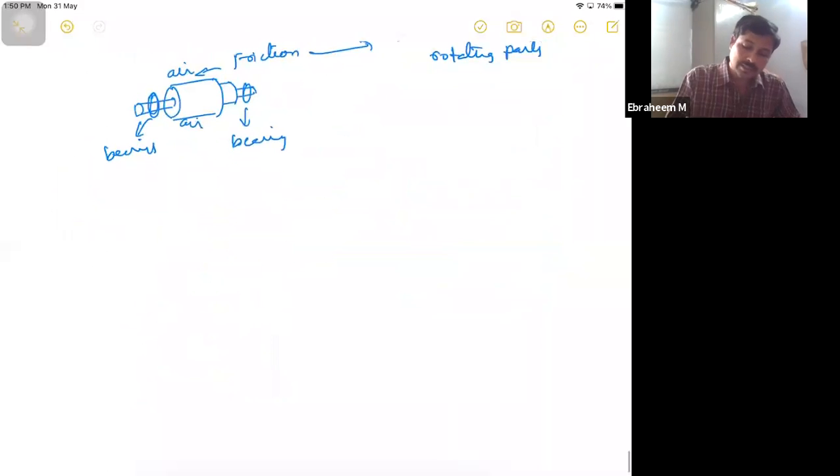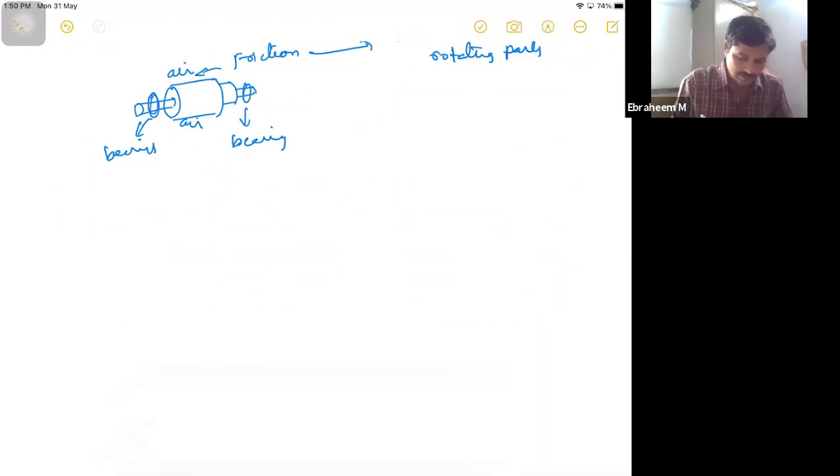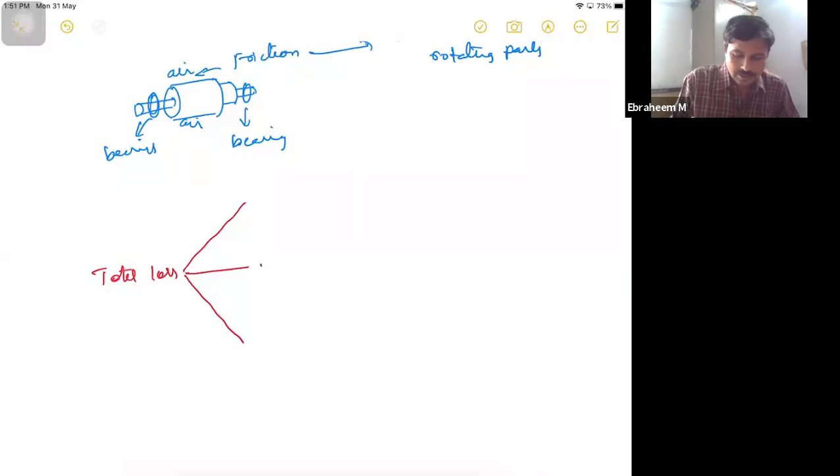So finally, the total losses I can represent like this. Total loss: you will have iron loss, copper loss, and mechanical loss.